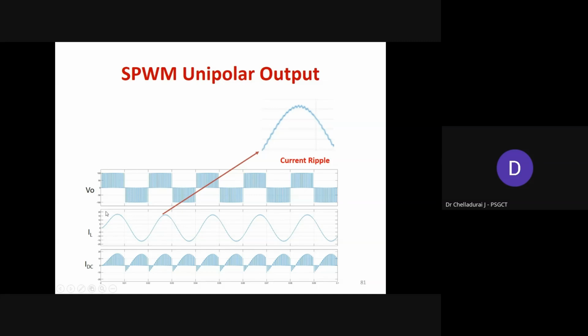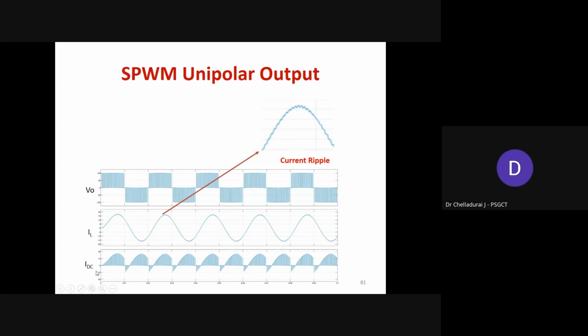One very important observation using the unipolar PWM technique is that the switching frequency is only 1 kilohertz, but the actual effective switching frequency of the output is 2 times the fundamental component. Because of this higher switching frequency operation in unipolar PWM, the current ripple magnitude is very less.